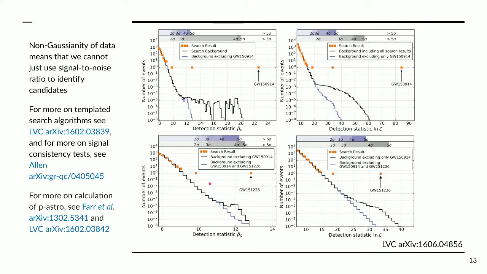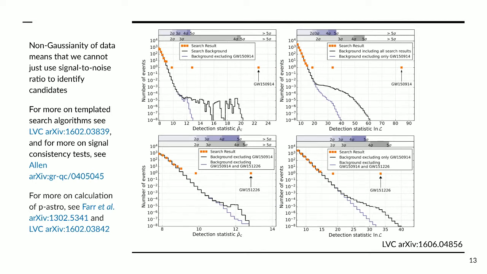Okay, so coming back. How do we identify potential signals in our data? Well, we construct a ranking statistic based on the fact that we know what we're looking for. We know what the signals should look like, so we can calculate signal to noise ratio. We can look for consistency.